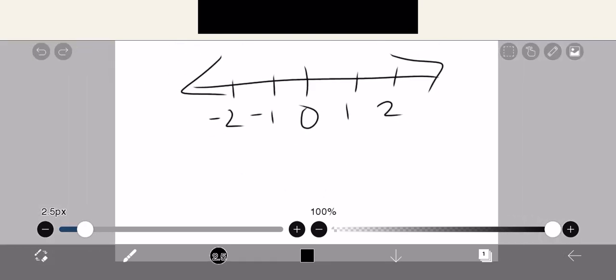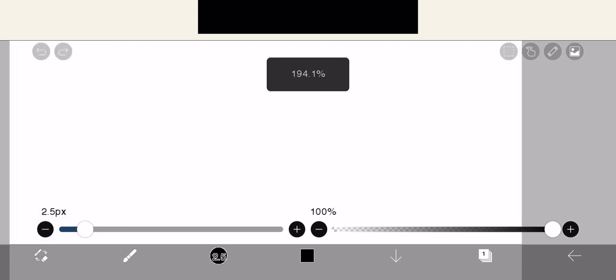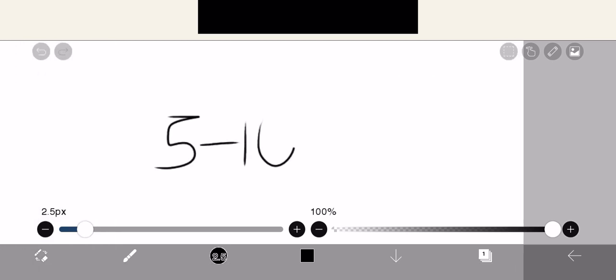So let's take a look at an example. Say we have 5 minus 10. Identify the integers. You could pause the video to do that. Okay, so we're going to identify the integers right now.